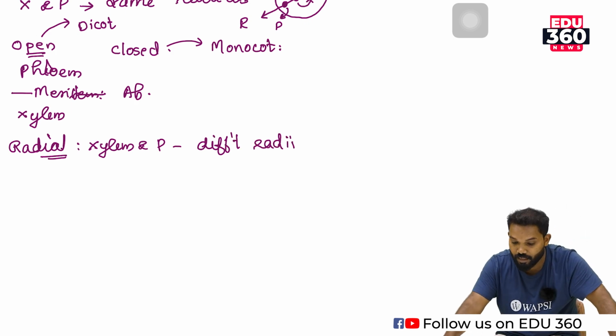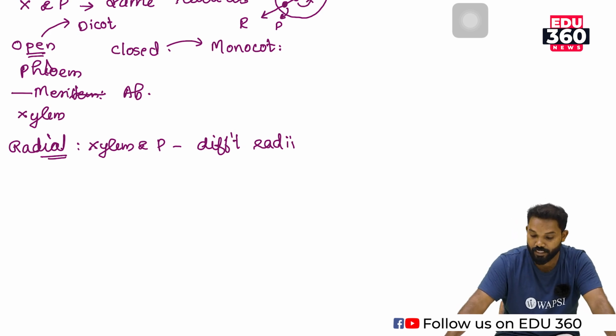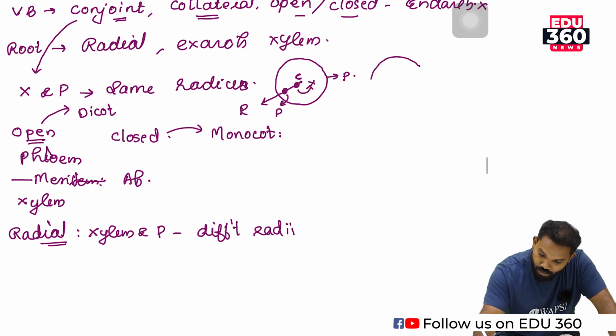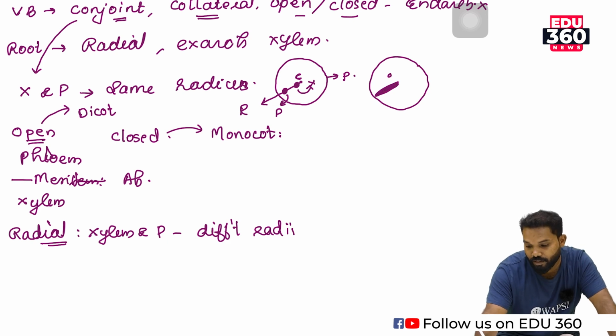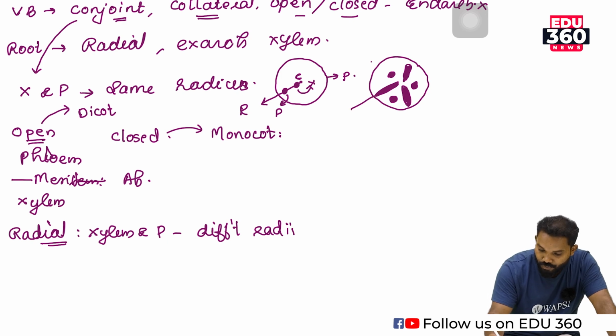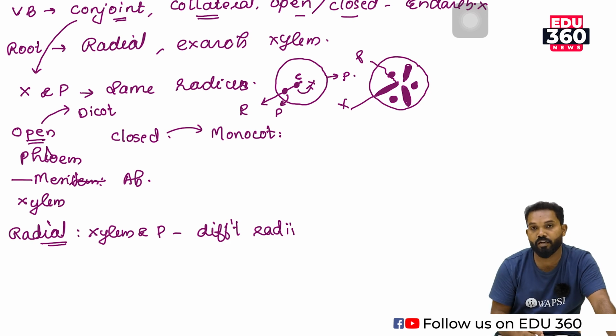That means when we take the cross section of a root, if we get xylem in one radius, then phloem is in another radius. Xylem in the next radius, phloem in another radius. Xylem and phloem arranged in different radii is known as a radial vascular bundle.